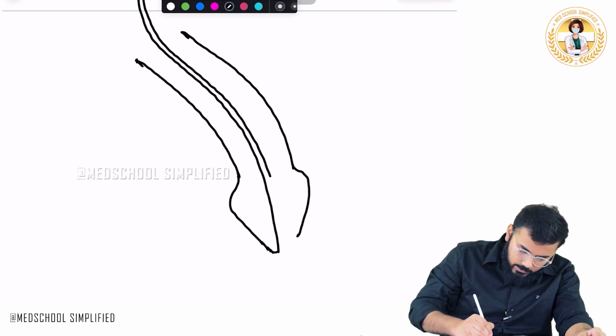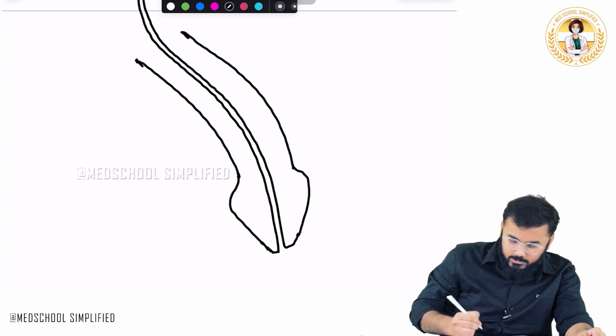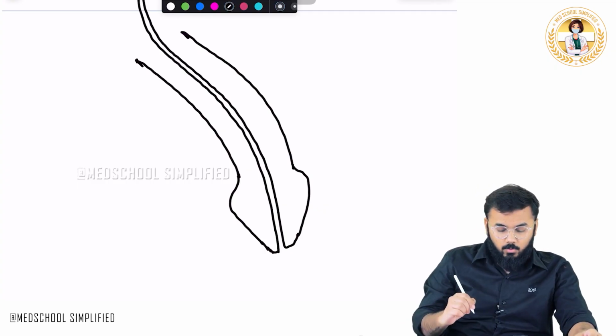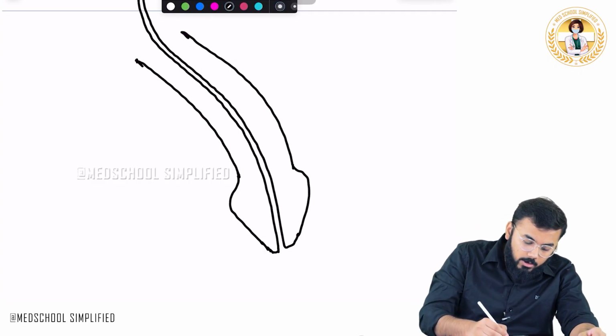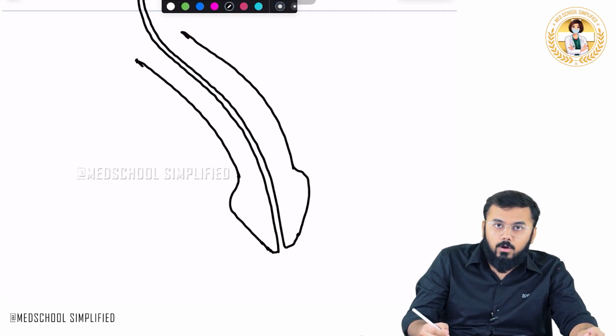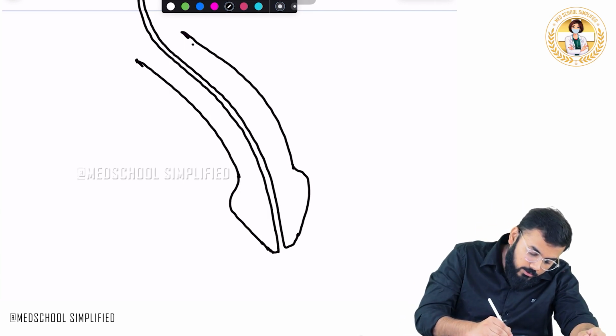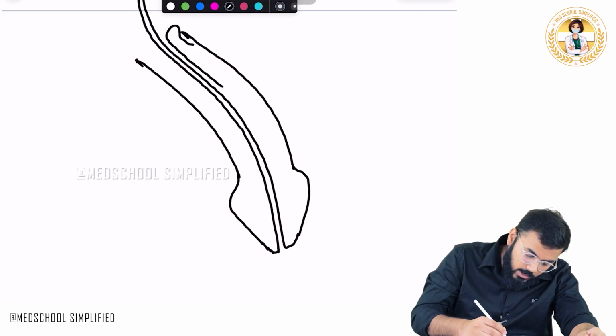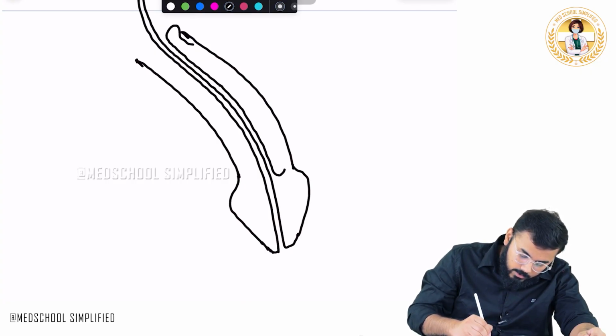The structure which I am drawing right now is the urethra in the center. I have already told you that you have corpora cavernosa as well as corpus spongiosum. So this part on the section is called corpora cavernosa.